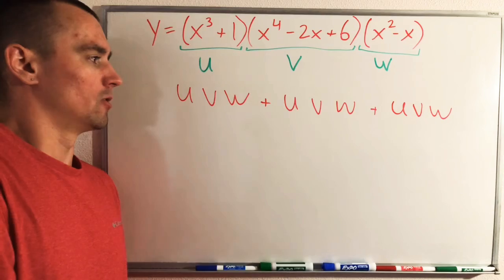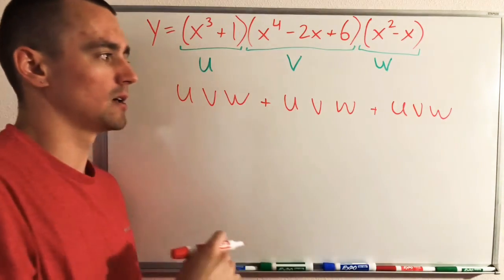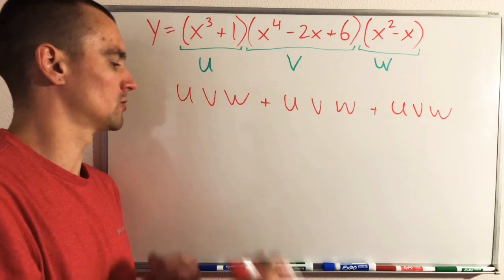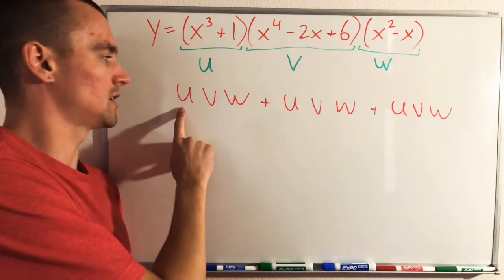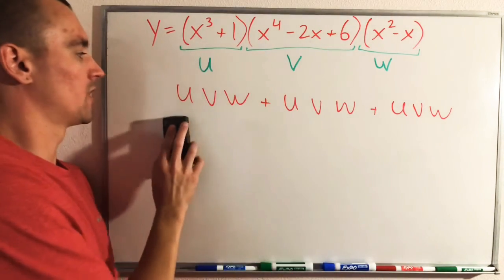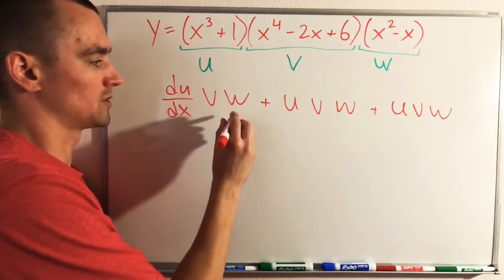Now we want to go through this, and to each of these terms, we're going to apply the derivative to a different term each time. So in this first one, instead of u times v times w, we're going to find the derivative of u times v times w.